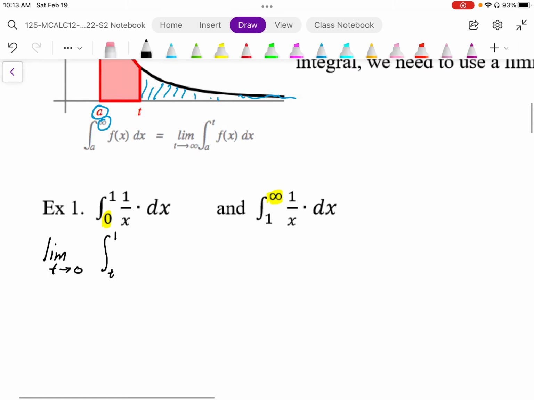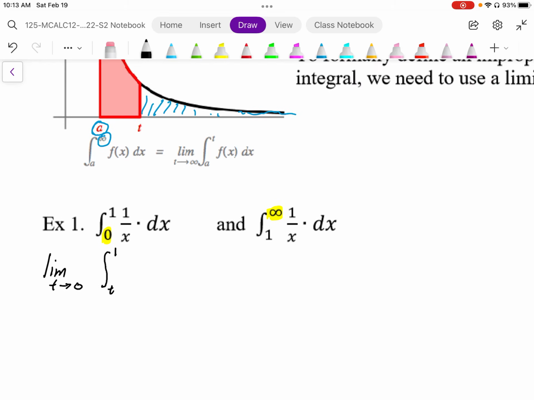Now, because this is a one-sided limit, we're integrating on the right-hand side, we have to make sure that this is a one-sided limit. Okay, so when we're doing these improper integrals, we have to set these up as one-sided limits when we go to the asymptotes. And I just write the exact same thing as I had before. So at this point, because I have a limit, now I can actually evaluate this integral.